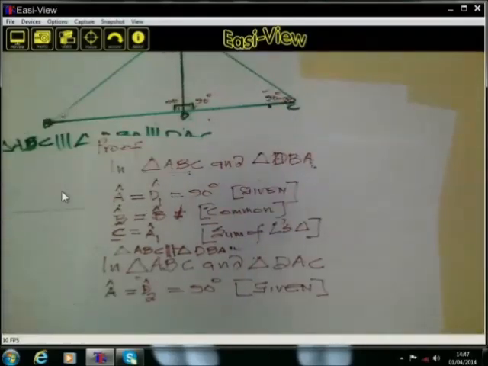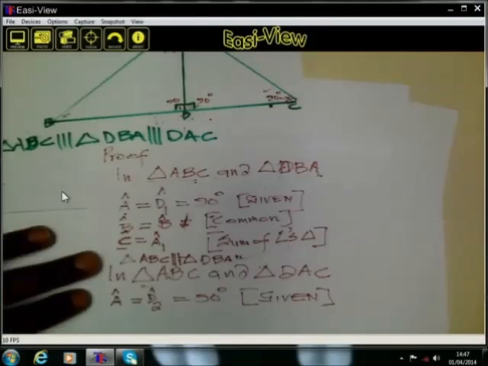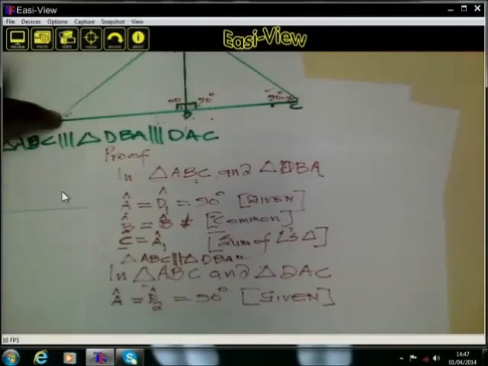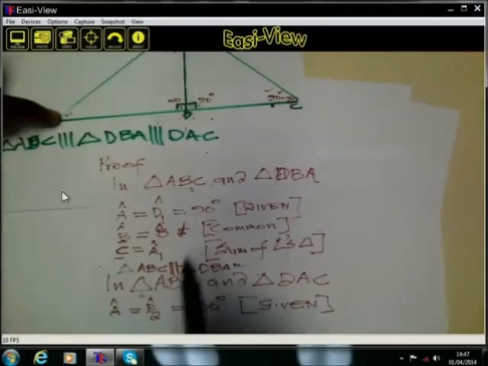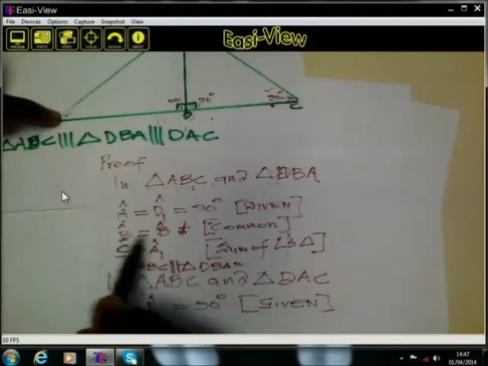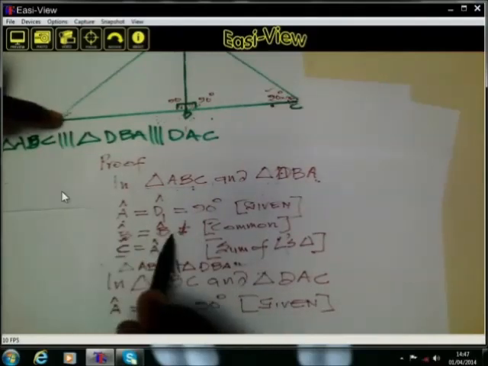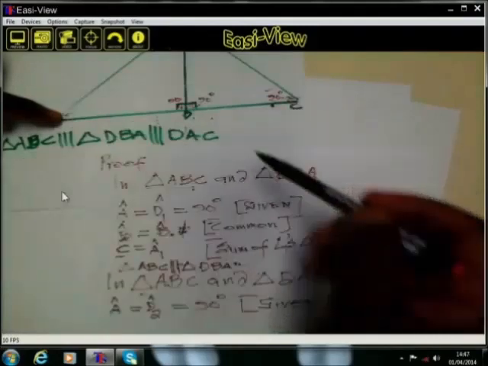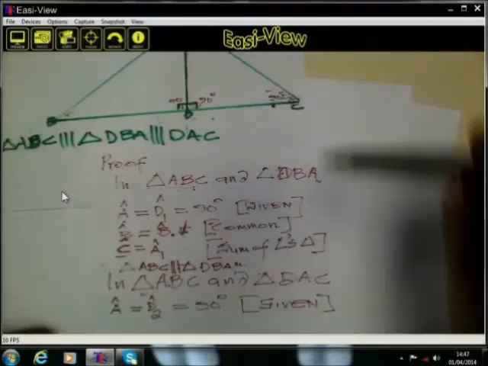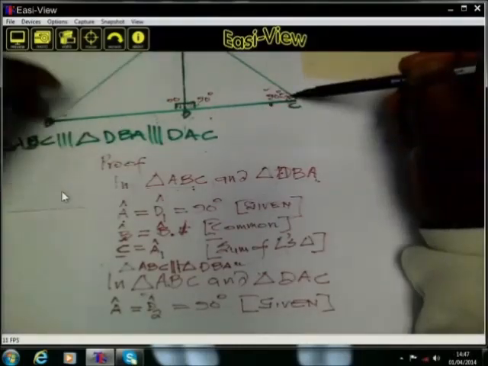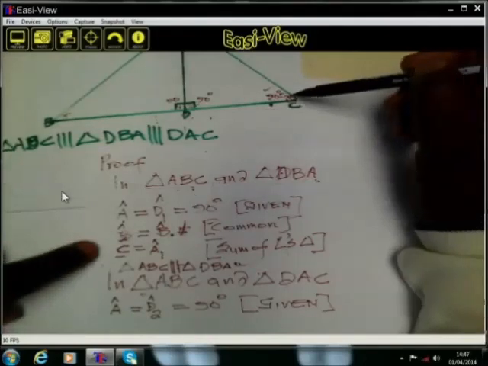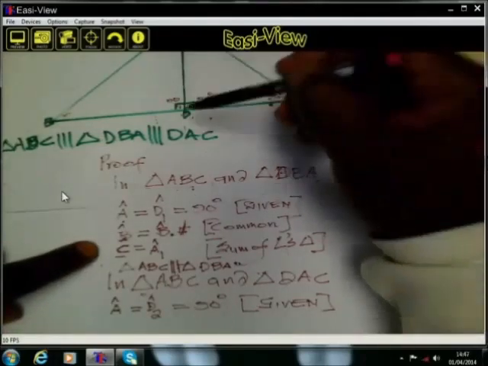The second part of that, just like we did with B. Remember, with the first part we said B was common in both. B was an angle for ABC and was an angle for DBA. So it means we can say the same with C. C is an angle for ABC, and C is also an angle for DAC.